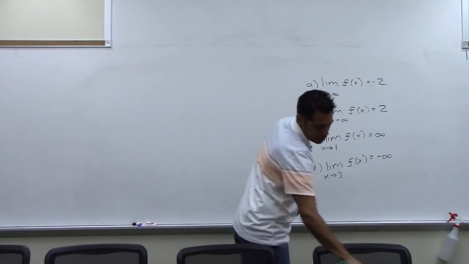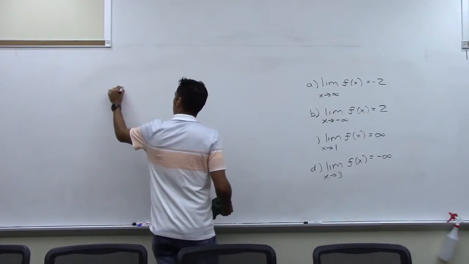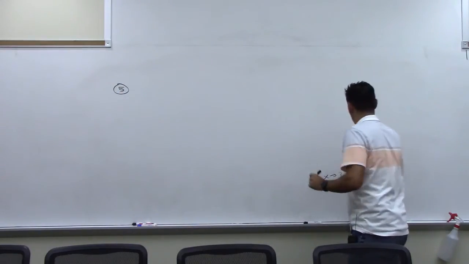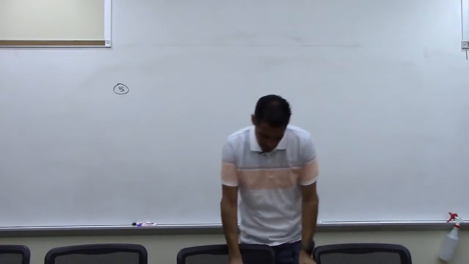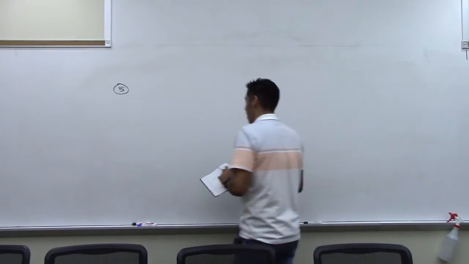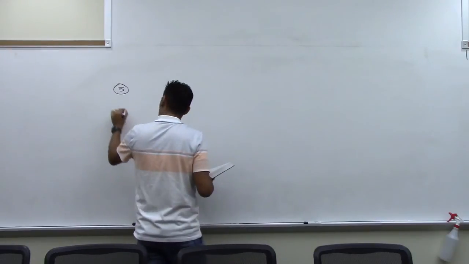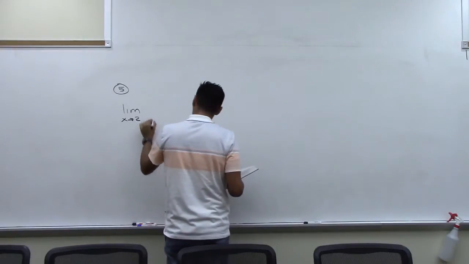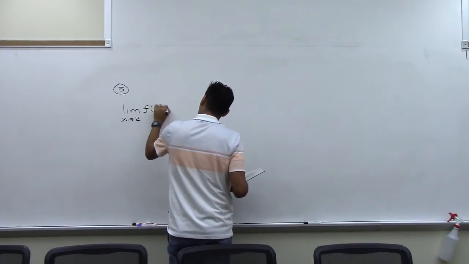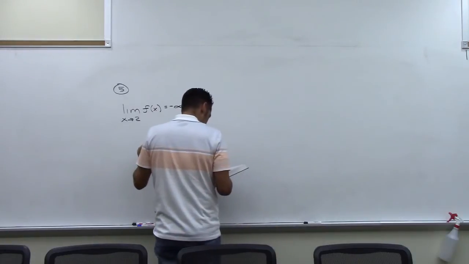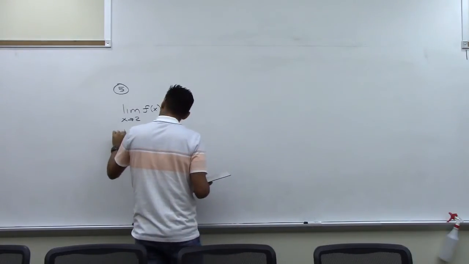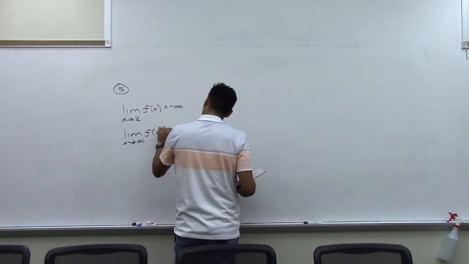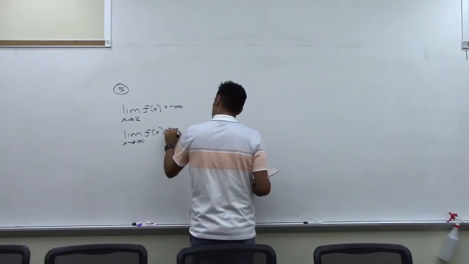And I will jump ahead to number 5. For number 5, we want to sketch a graph that has the following conditions met. So we need the limit as x approaches 2 of our function to go to -infinity. We need the limit as x approaches infinity of our function to become infinite.